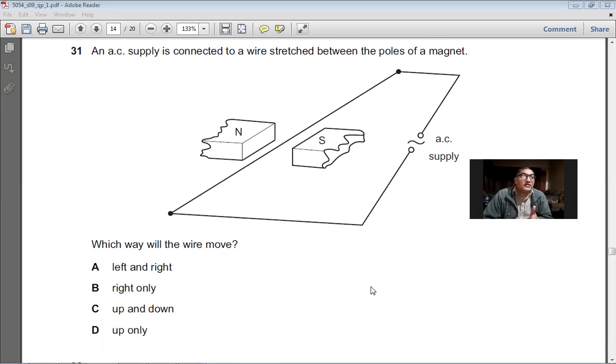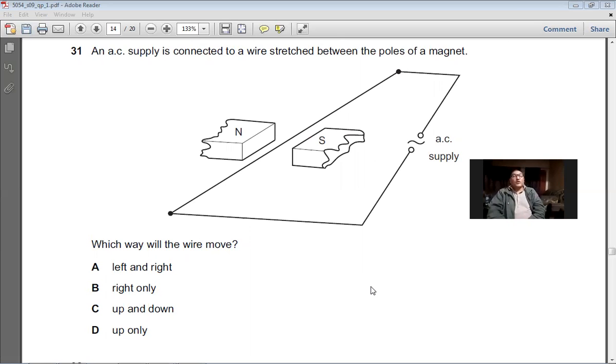So the magnetic field is from the north to south, and if the current comes towards me, then the thumb will point in the upward direction. So you can see I stretched my left hand. From north to south, these are magnetic field lines, and suppose when the current moves towards me, my thumb points upward.